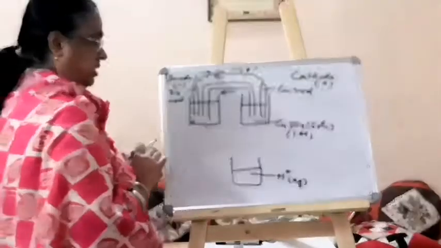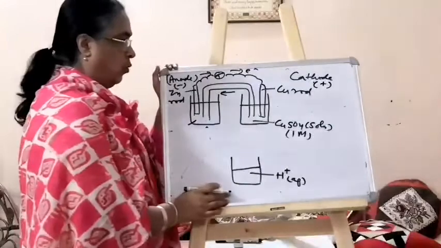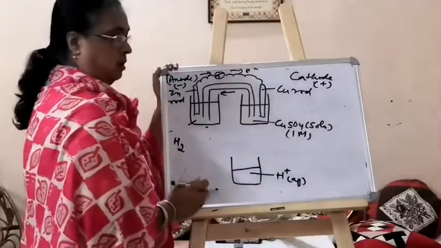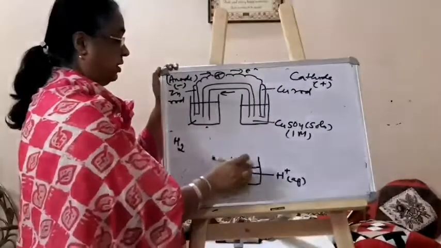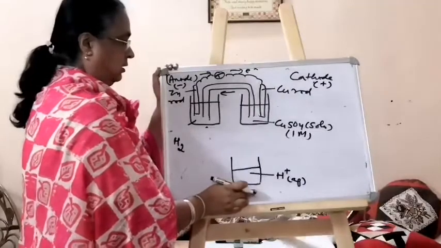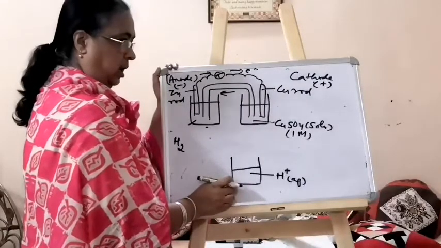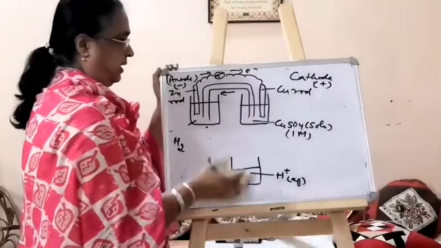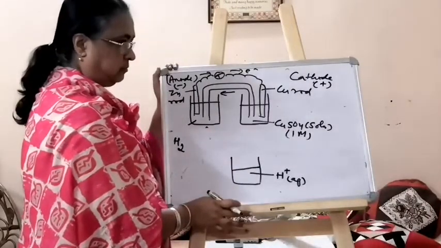Briefly, when we take a hydrogen electrode, this rod of hydrogen dipped in hydrogen ions, this half cell will have electrode potential 0.